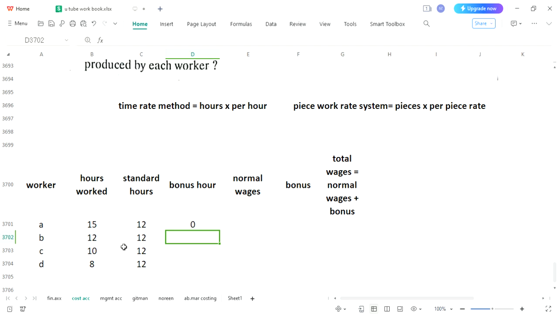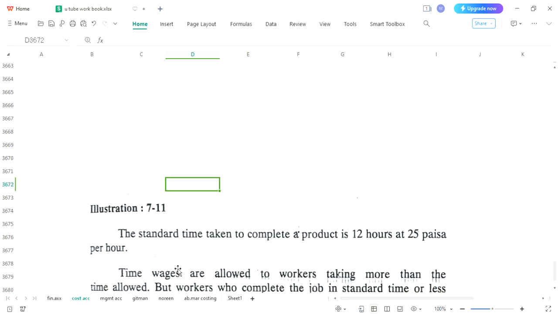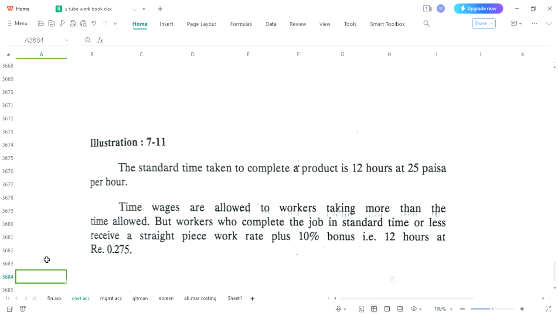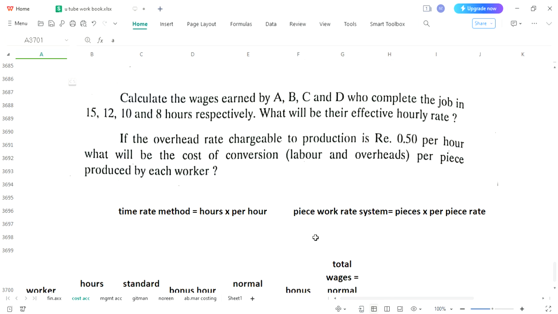And then you can see worker B had completed his job within standard time. And now you can see how you will pay the bonus. This is bonus, for who completes the job in standard time or less. In standard time, that means a person who is completing his job in 12 hours. This is your standard, 12 hours. He will also get 10% bonus.